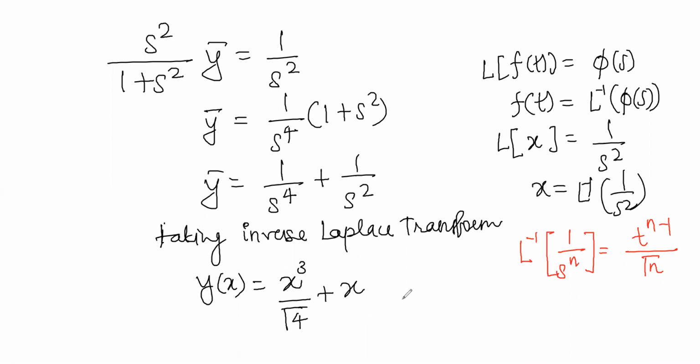Now if you open it further, you get y of x equal to x cube upon gamma 4, which is nothing but 3 factorial, plus x. You got the same solution.